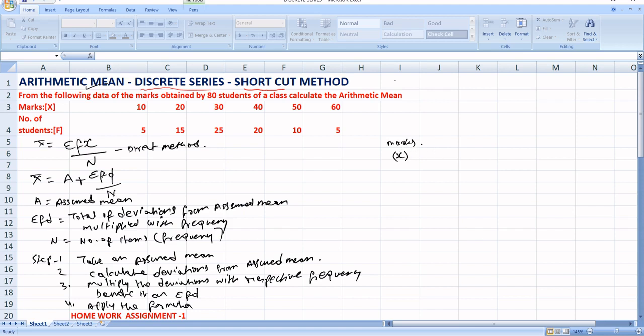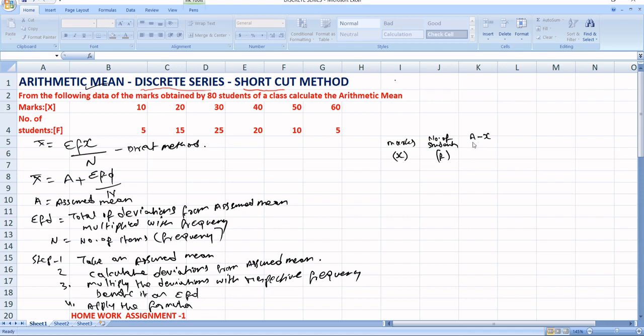Next is number of students, and this is called f. And take assumed mean, a.